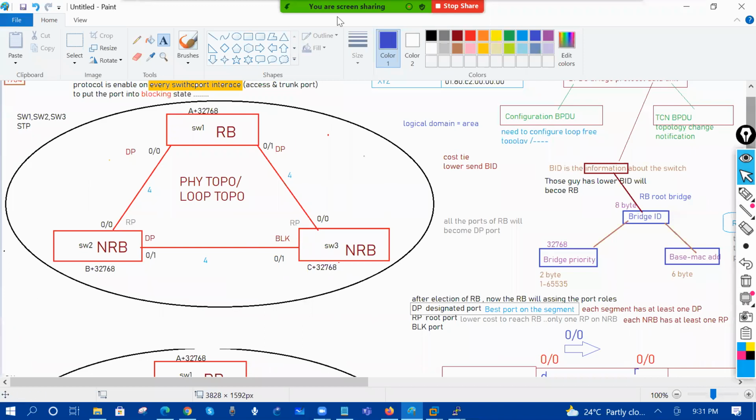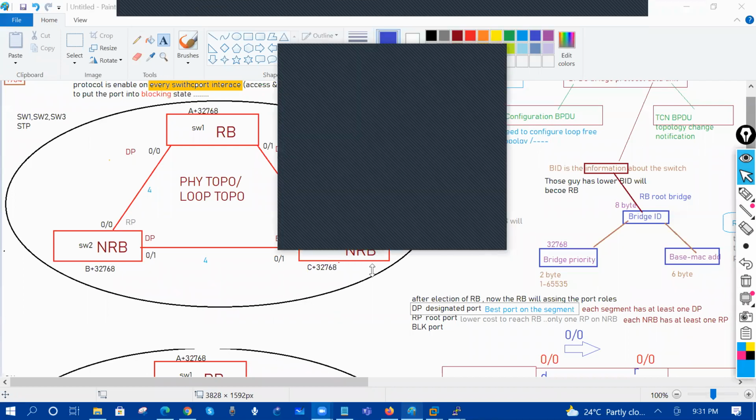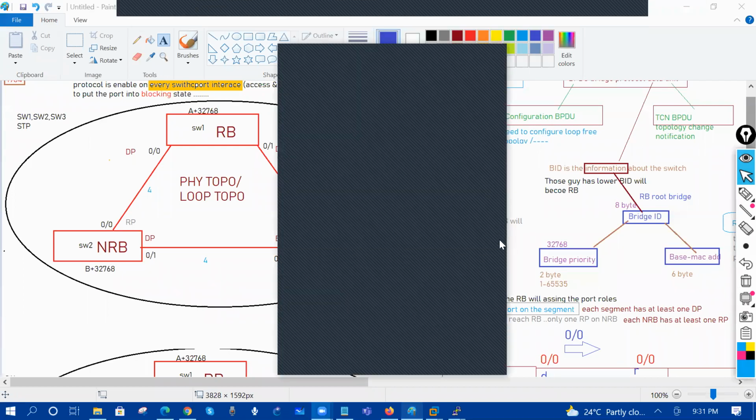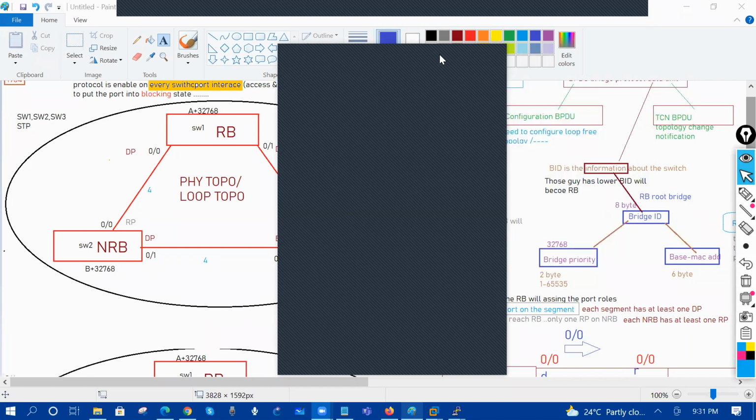Yes, Dharni, port priority and cost, we'll discuss later on. We haven't discussed cost yet. I just showed you the basic info.